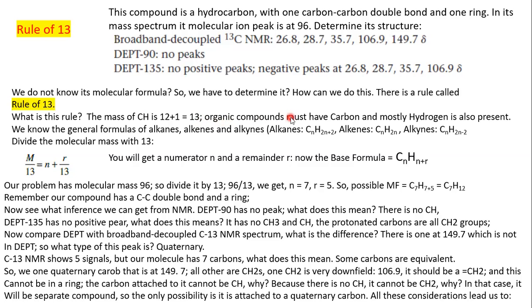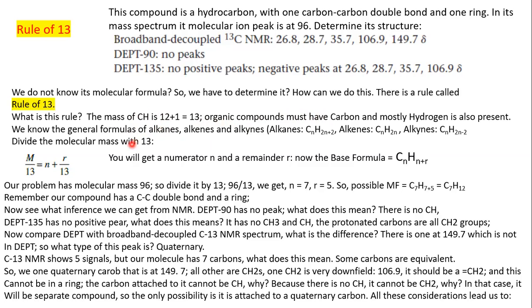Organic compounds must have carbon. We know this, that all organic compounds have carbon. Mostly they also have hydrogen. So we can say that at least they have 1 carbon and 1 hydrogen, or any multiple of this.